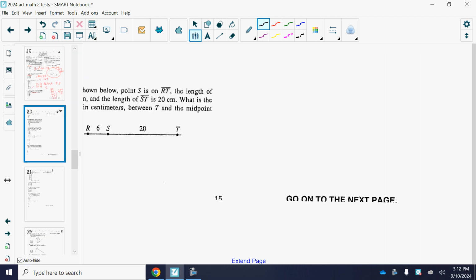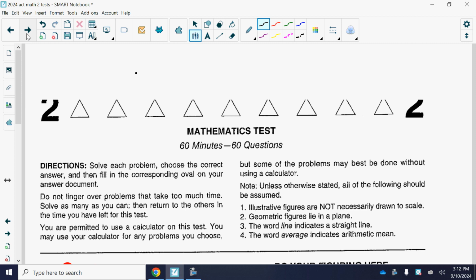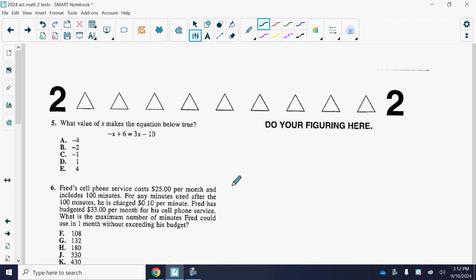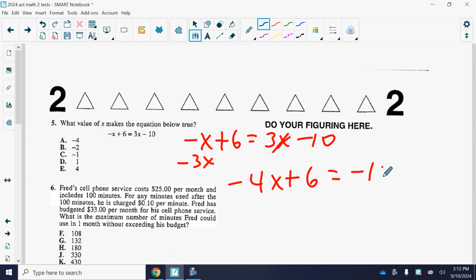We're rolling. Oops. Except that I messed up the page. Number 5, this is equation solver if you're bothered. Most people would just subtract the 3x from both sides and get minus 4x plus 6 is minus 10.